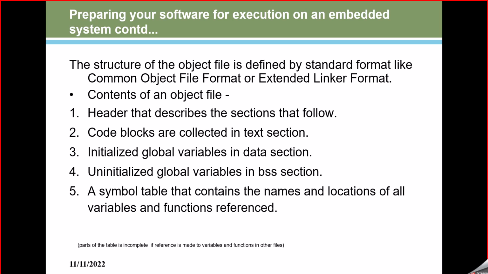When you see the content of the project files inside the compiler, you will get header file, code section, global variable section, and uninitialized global variables will be in the BSS section, and the symbol table will be created for your variables and functions.